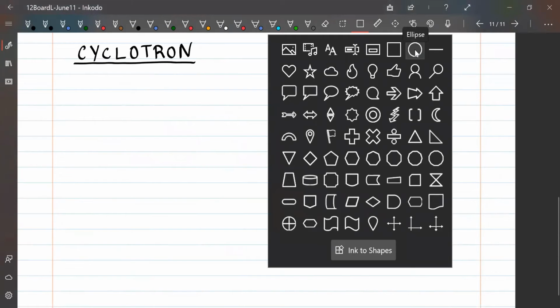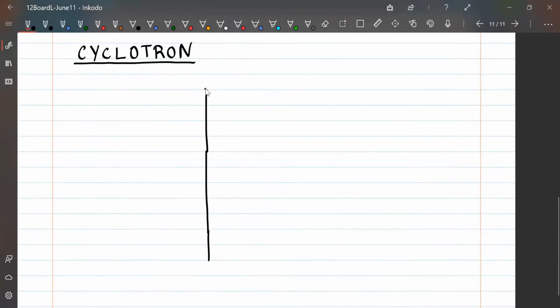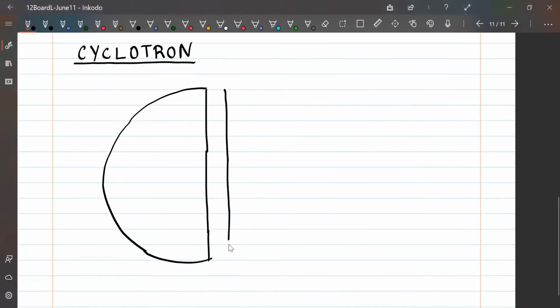So there are two semicircular shaped regions. Those regions are called Ds, of course, because of their shape. The Ds have a magnetic field, and the magnetic field is, let us say, into the plane and uniform.